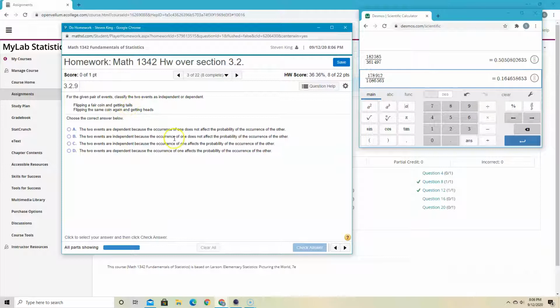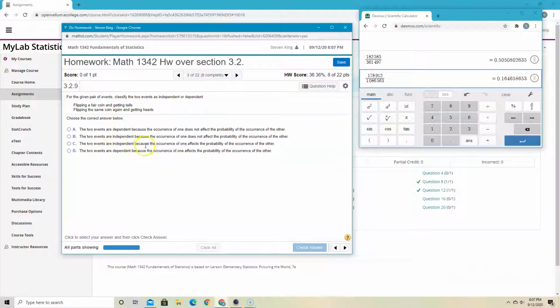The occurrence of one event does not affect what will occur on the other event. Another way of saying that is, what will happen on this second event is not influenced. The probability of it happening is not impacted by what happened on the first toss.